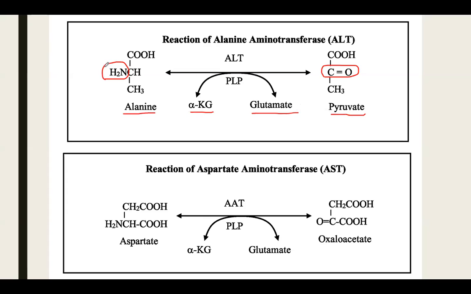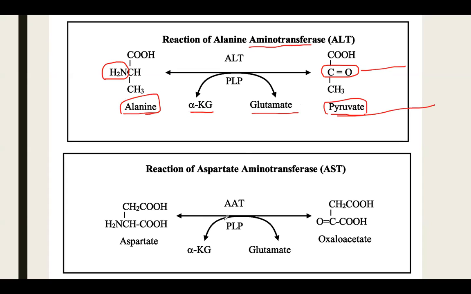The amino group is replaced by ketone oxygen. This is called the keto acid, or the carbon skeleton of alanine, which is pyruvic acid. So when you remove the amino group from alanine, it is converted into pyruvic acid. This enzyme is transaminase, or aminotransferase.